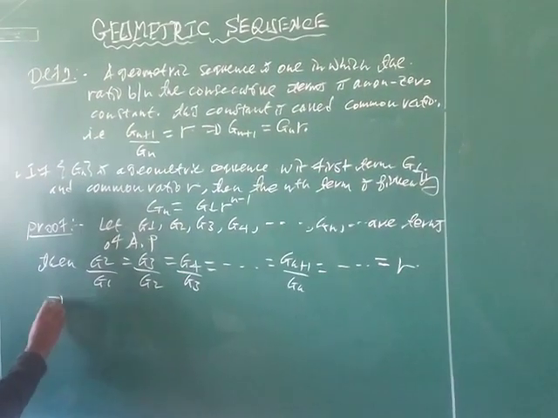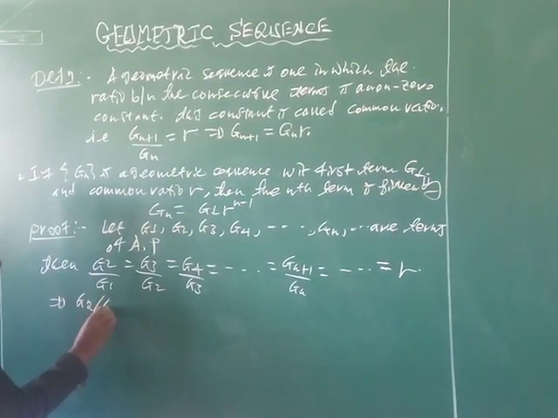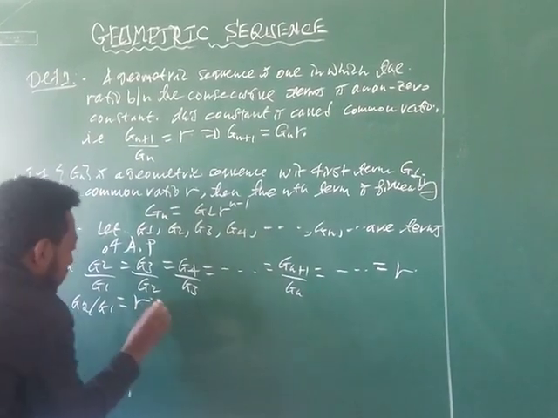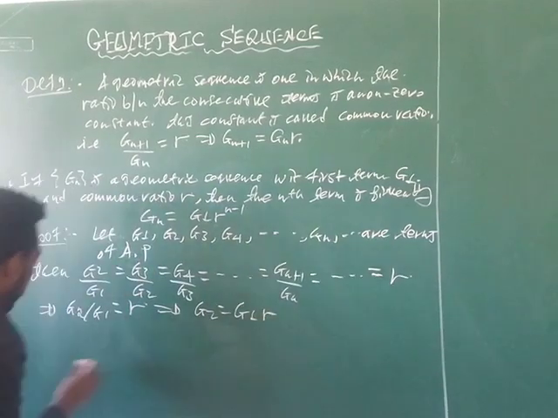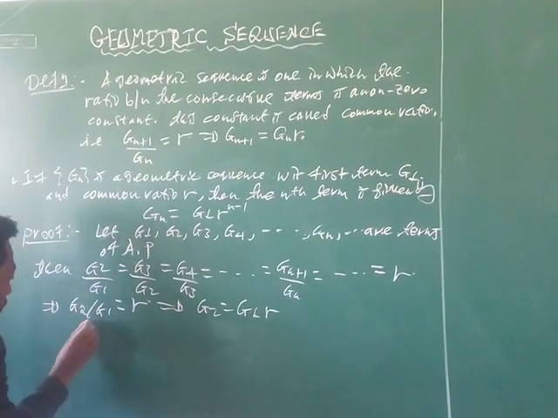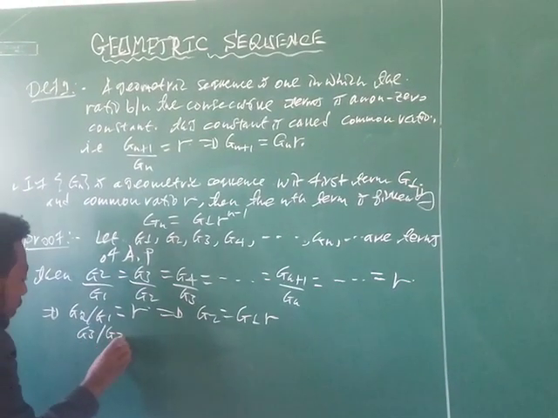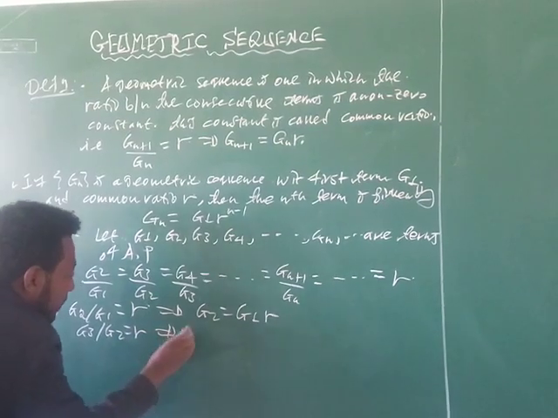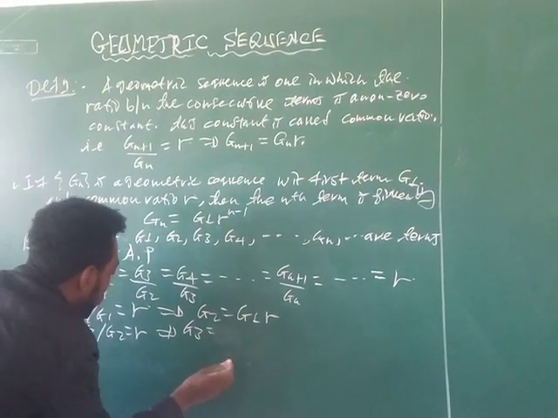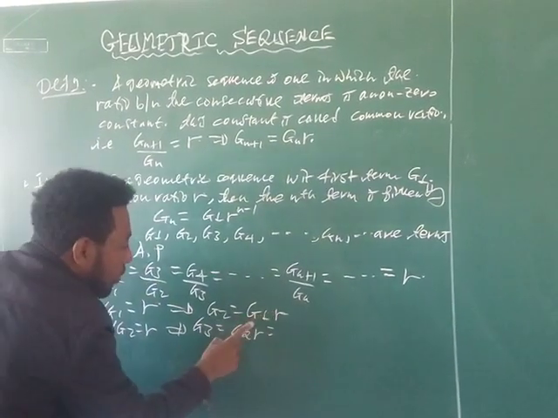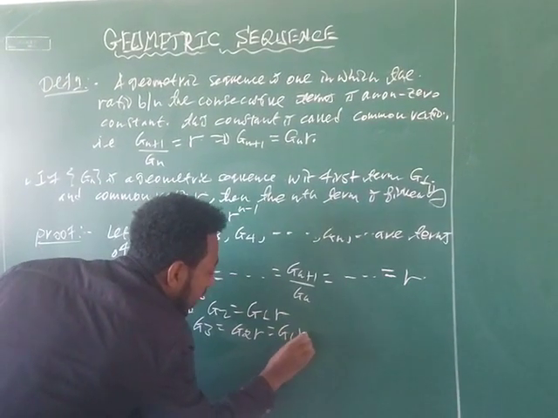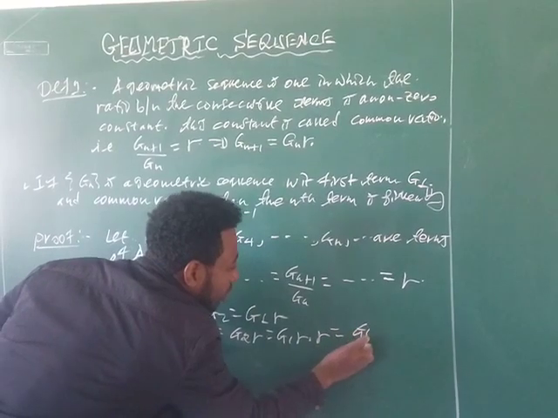Now we have g2 over g1 is equal to r. This implies g2 is equal to g1 times r. And also g3 over g2 is equal to r. This implies g3 is equal to g2 times r. But what is g2? g1 times r. So g1 r times r, g1 r squared.